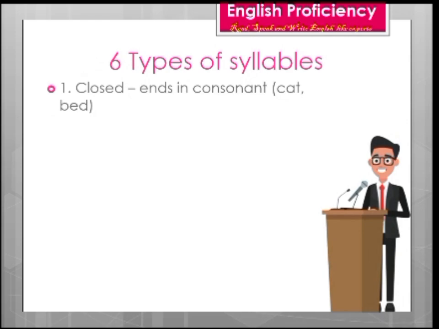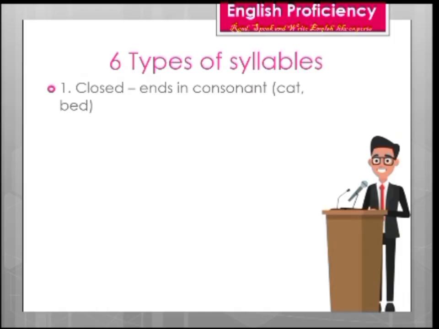That's all. For example, when a word ends with a vowel, that word has an open syllable. But when it ends with a consonant, that syllable is known as what? A closed syllable.